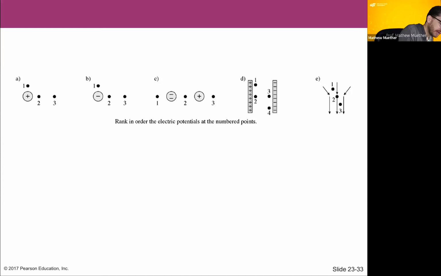So let's set up a scale here. Let's see if it's 1, 2, 3, or if it's 3, then 2, then 1, or if it's 3, 1, 2, or if it's 1, 3, 2.